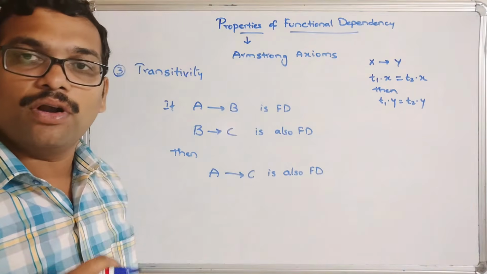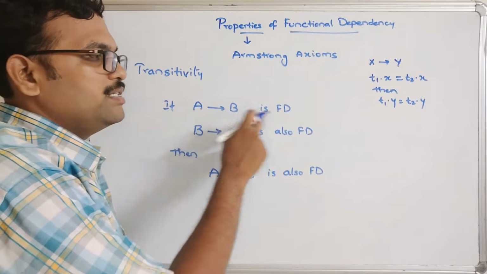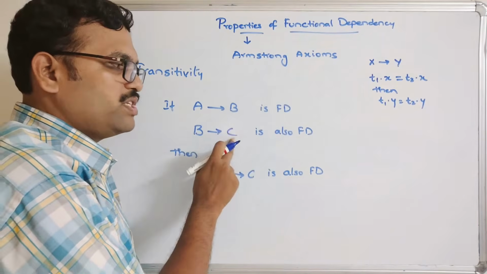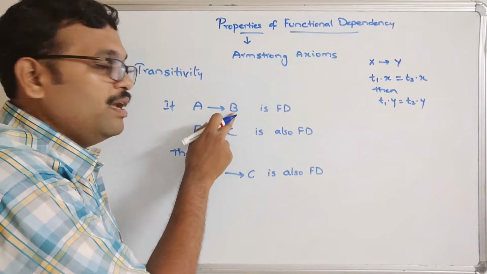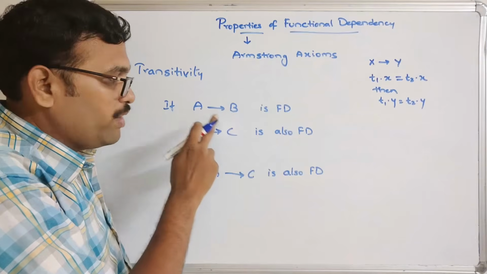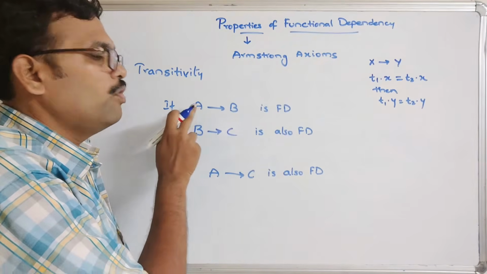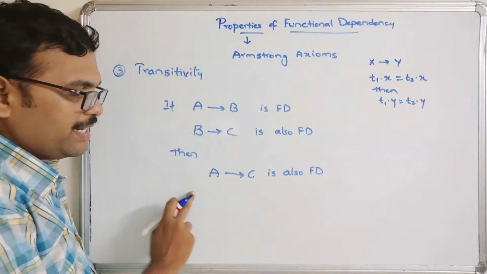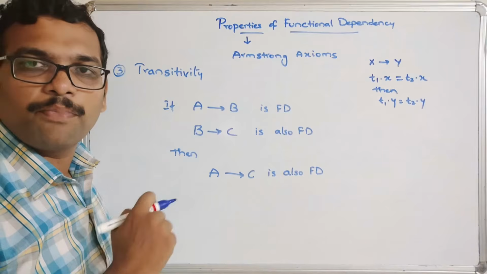That implies we can get B if we know A, and we can get C if we know B. So obviously you can get C if you know A. That is called the transitivity axiom or transitivity property.